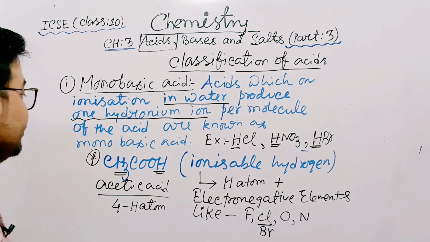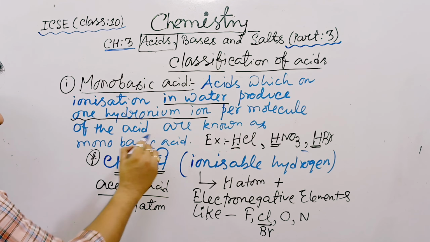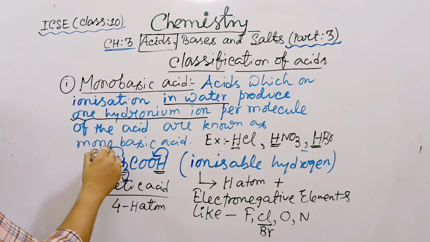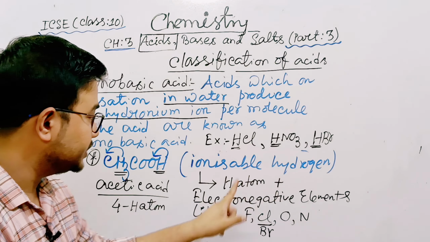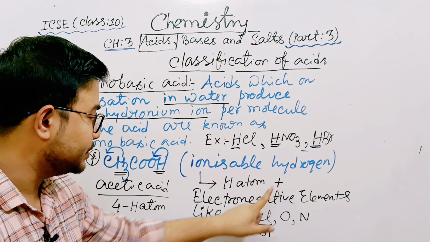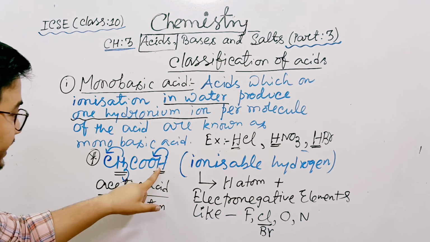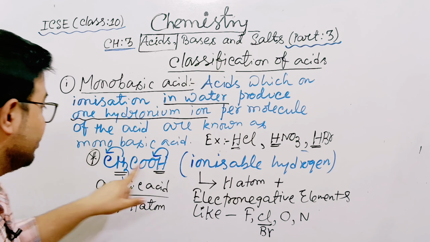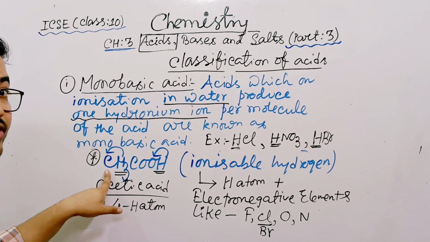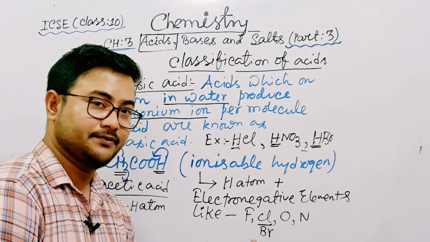Look at the board. These hydrogen are attached with carbon and this hydrogen is attached with oxygen. So ionizable hydrogen means hydrogen attached with an electronegative element: fluorine, chlorine, oxygen, nitrogen. Here the hydrogen is attached with electronegative oxygen, but carbon is not an electronegative element. Consider only these 4 or 5.